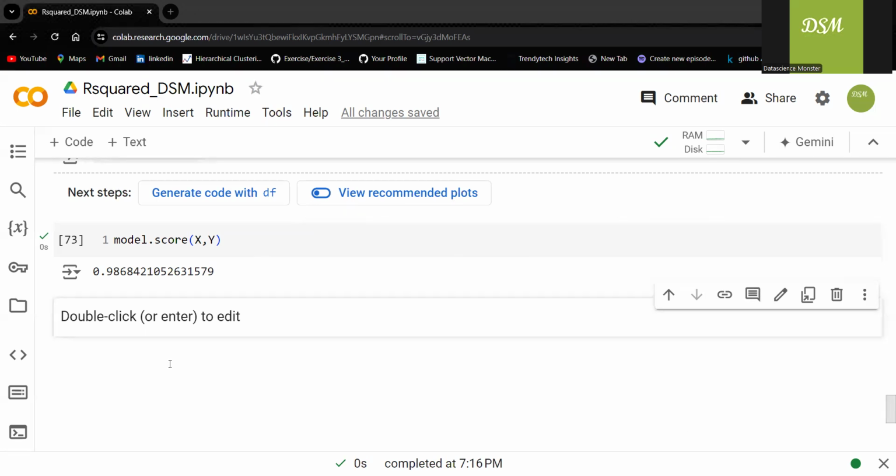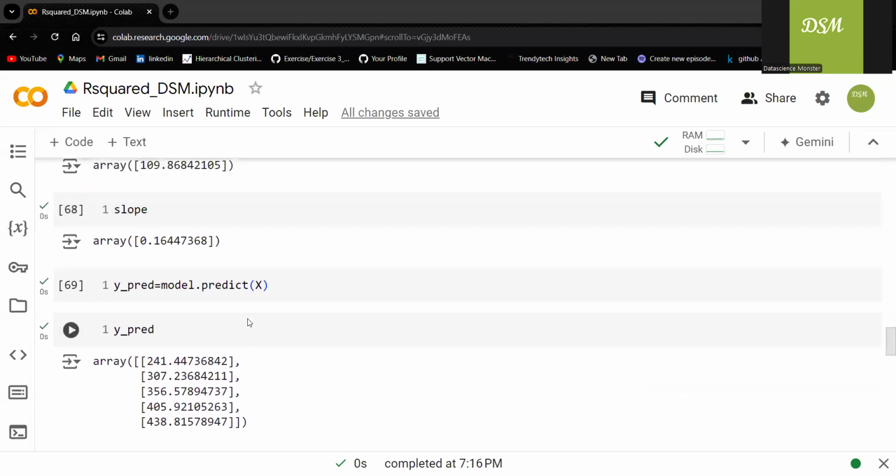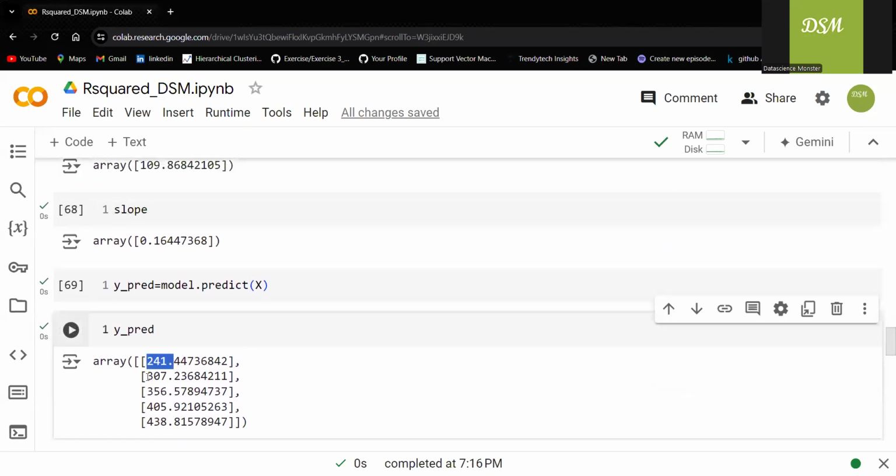For example, if you look into this one, 250 is predicted like 241. 300 is predicted like 307. So maybe you will know whether it is okay or not, right? Otherwise, we need to switch to other machine learning models. So in case you consider domains like healthcare or finance, there we cannot take risk like this, right?